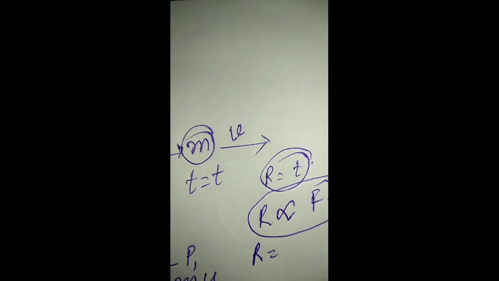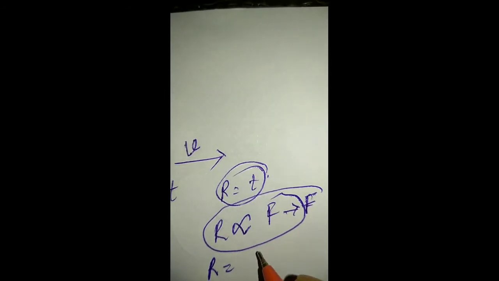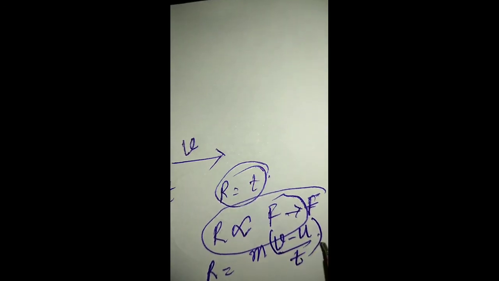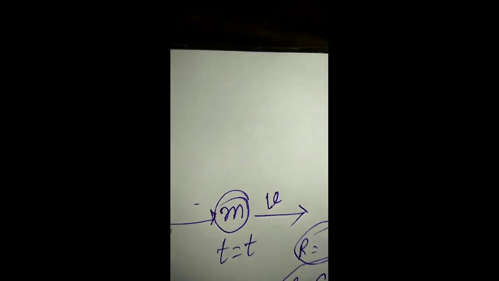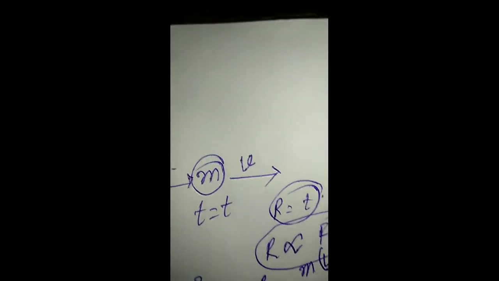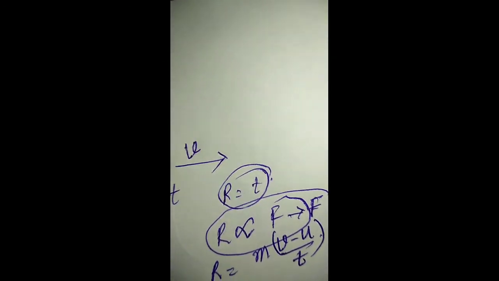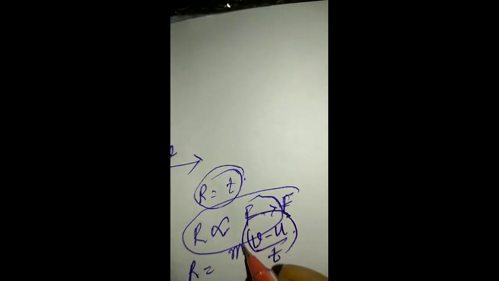Rate of change in momentum is equals to m (v minus u) by t. Rate represents t. Now from the first chapter you know that (v minus u) by t is equals to a.